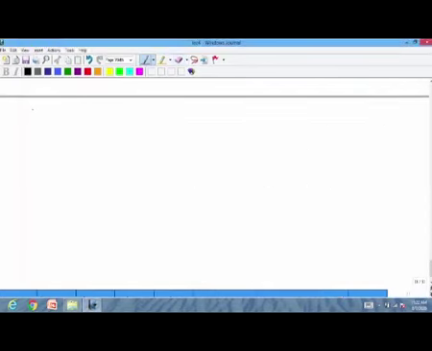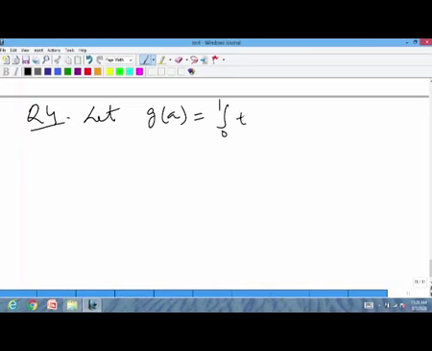Let us now do problem number 4. We are given g of a equal to integral from 0 to 1 t to the power minus a times 1 minus t to the power a minus 1 dt for a belonging to open interval 0 to 1.